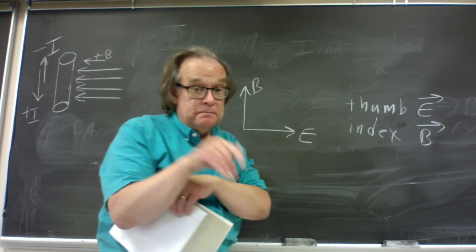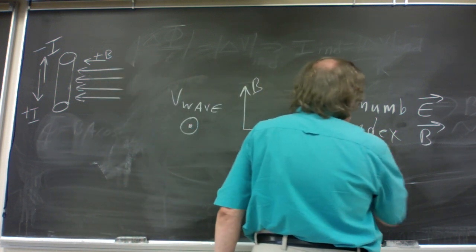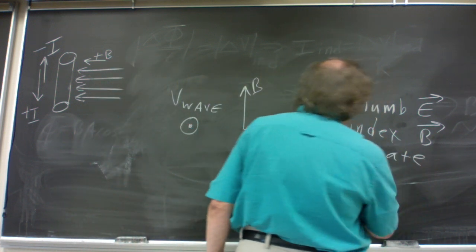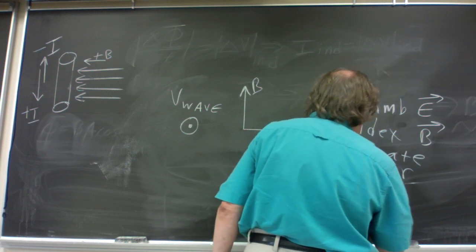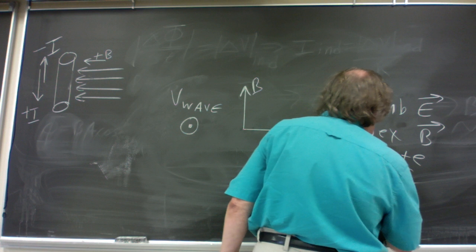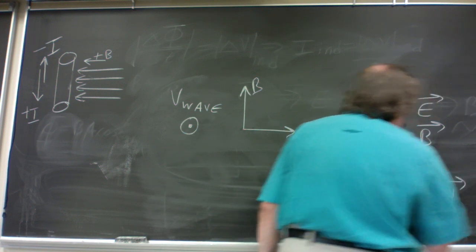So in this case, what does that look like? Rotate the other three fingers, and that gives the direction of the velocity.